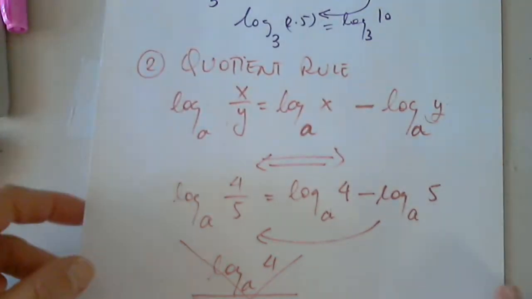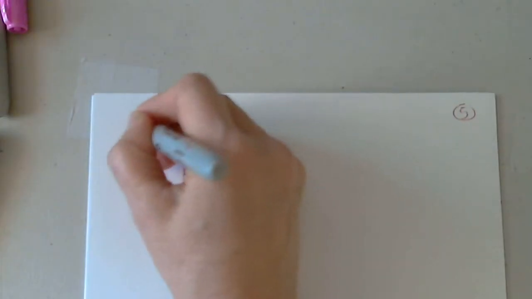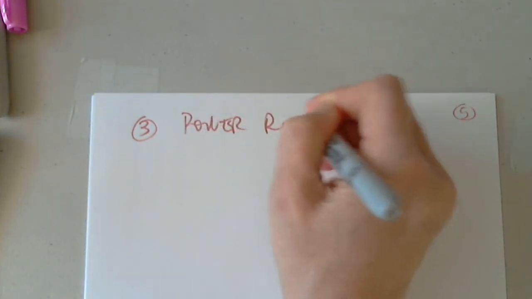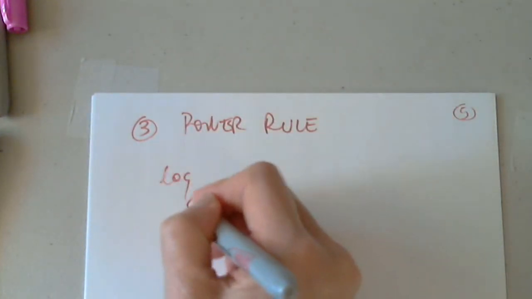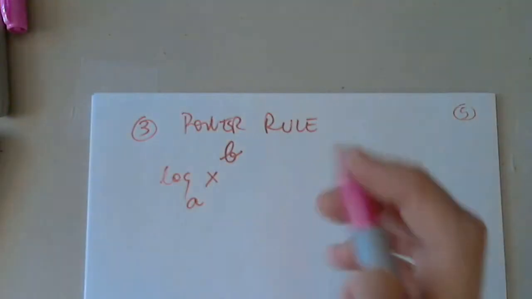Last property. Any questions? Last property is the power rule. So we had the product, we had the quotient, and now we have the power rule. Last one, power. Log in any base of x raised to a power, any power.